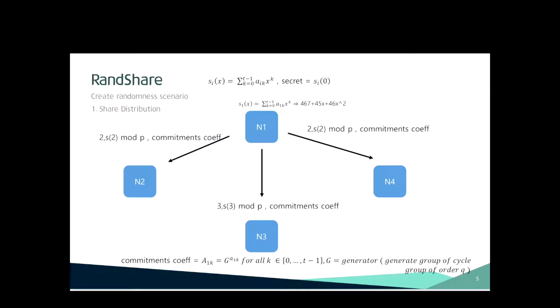Node 1 makes x coordinates for s(x), the value of s(x), and commitments for s(x)'s coefficients. In this way, every node makes its own polynomial and distributes data. Here, node 1 makes (2, s_1(2)) and commitments for node 2, and (3, s_1(3)) and commitments for node 3.